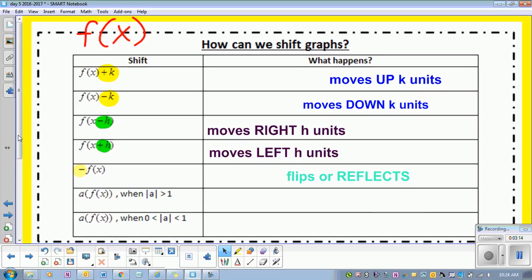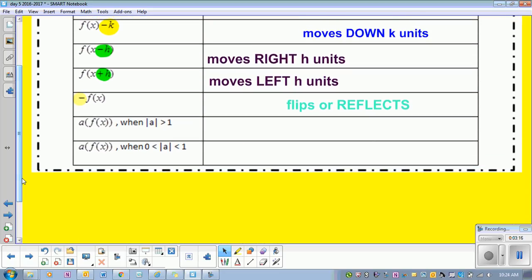All right, so for the next two, it multiplies by a. There's a number that's going to be multiplying in the front. If that number is greater than 1, give me an example. 2. So you could have 2 times f of x. Can't we write a number bigger than 1 as a fraction too?